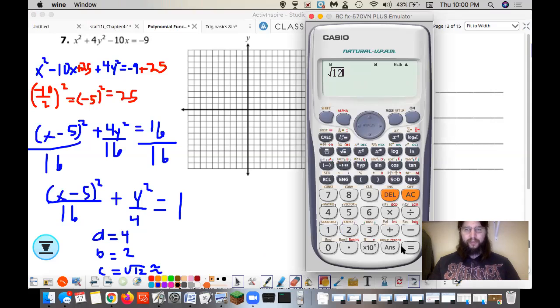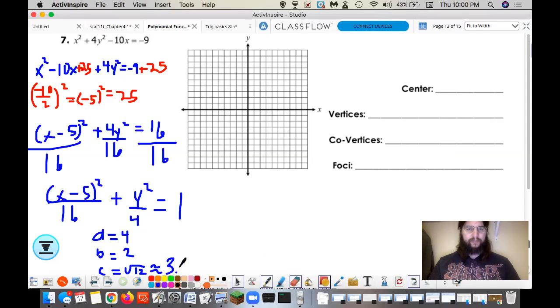Square root of 12 is 3.5. I know because 12 is in the middle of 9 and 16, so it's got to be 3.5-ish. What's my center? 5, 0. Got it. 1, 2, 3, 4, 5. Okay, didn't count wrong.